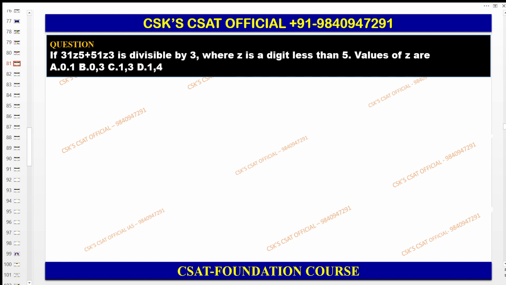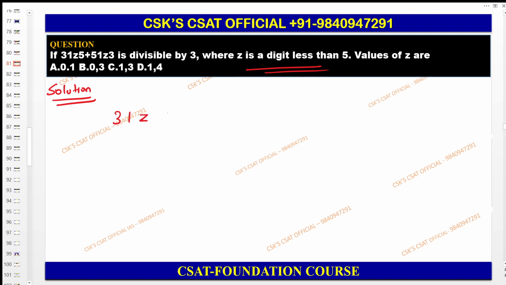So now everybody is giving B as the answer. Okay, so now let us verify that one. What has been provided in the question? If it is divisible by 3, where z is a digit less than 5, what is the value of z?